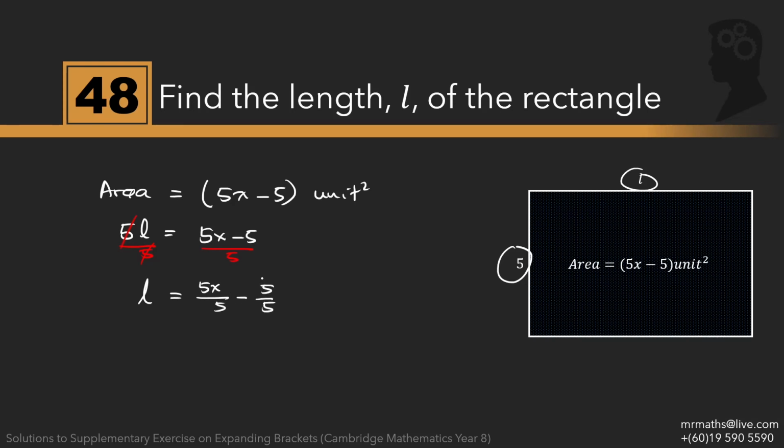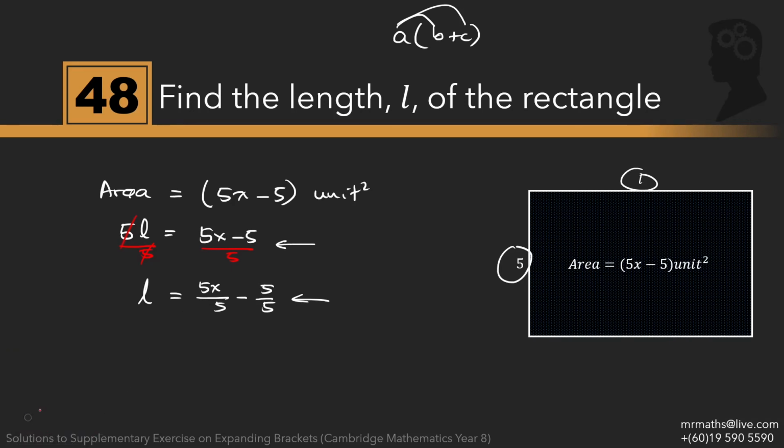Much like the expansion, when we have a times b plus c, we have to multiply them individually. Each of the terms in the bracket has to be multiplied by the term outside of it. Likewise, when we have a division like this, we need to divide each term separately by the denominator. That's how we reach here.